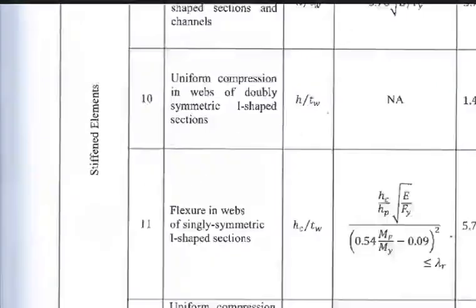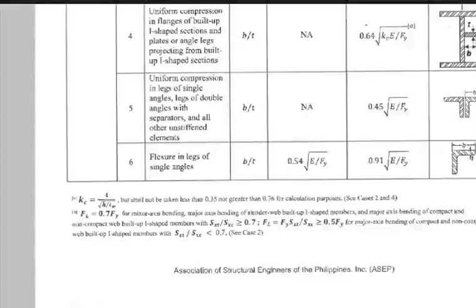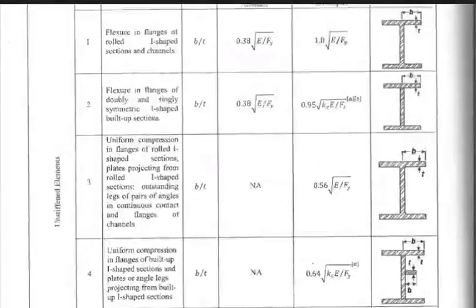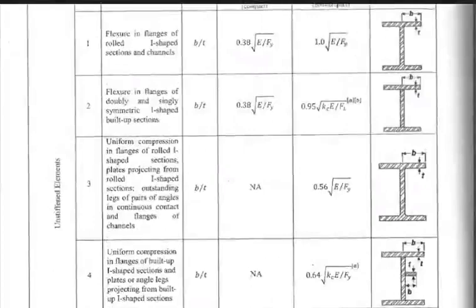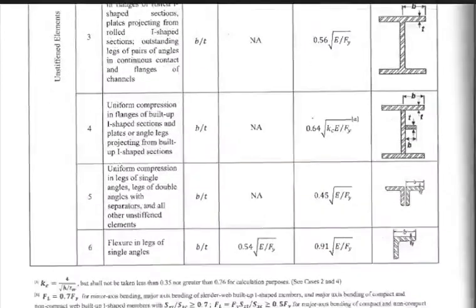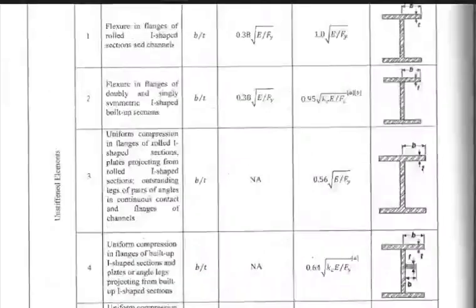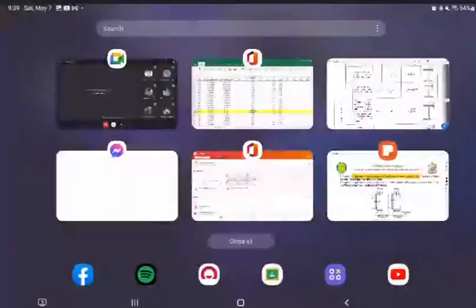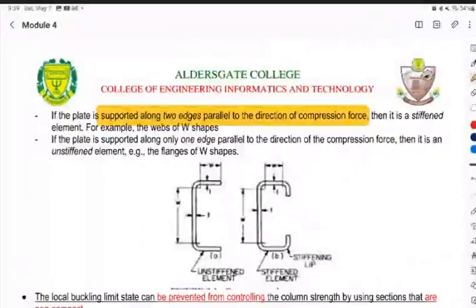What about the unstiffened, sir? Here, and we always consider number 3, number 4, and number 5 for compression. If the plate is supported along one edge only, parallel to the direction of the compression force, then it is an unstiffened element.